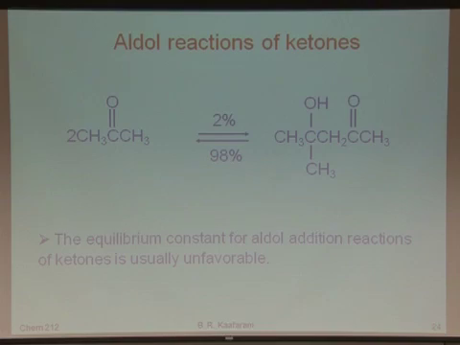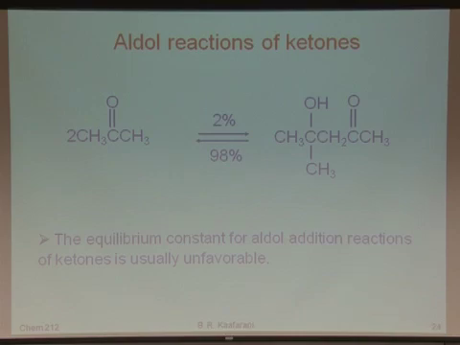If you use LDA, however, you can generate the enolate of the ketone quantitatively, and then you can drop any other aldehyde or ketone, and you will get what's called a mixed aldol condensation, which I will talk about in a minute as well. So having a ketone and adding sodium hydroxide cannot lead to the formation of the aldol product of that ketone.